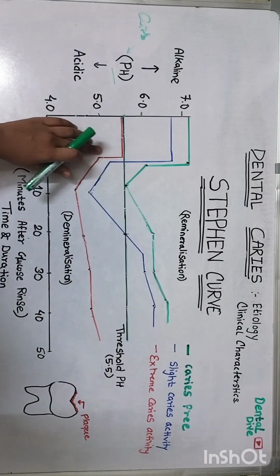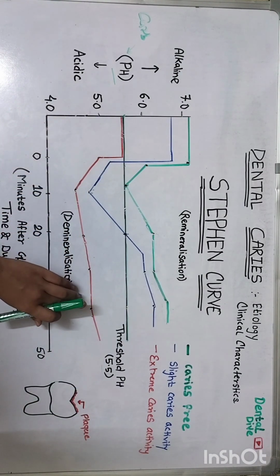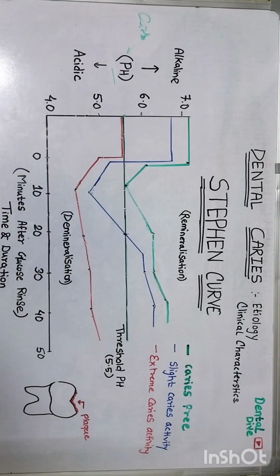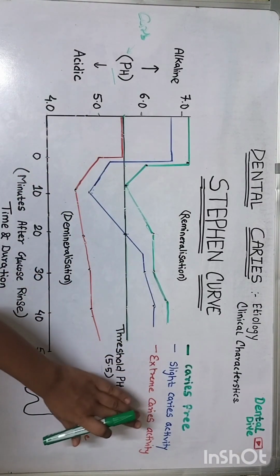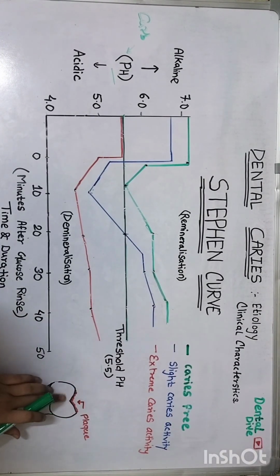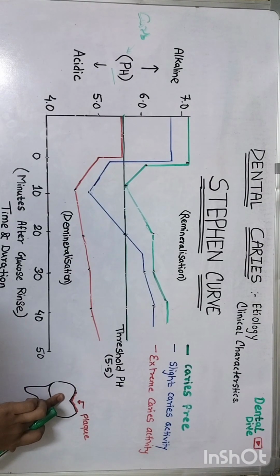If the pH drop is for an extended period of time, as you can see in this red line, there will be extreme caries activity. Means if the pH of the dental plaque stays below 5.5 for a longer period of time, there will be increased risk of dental caries.